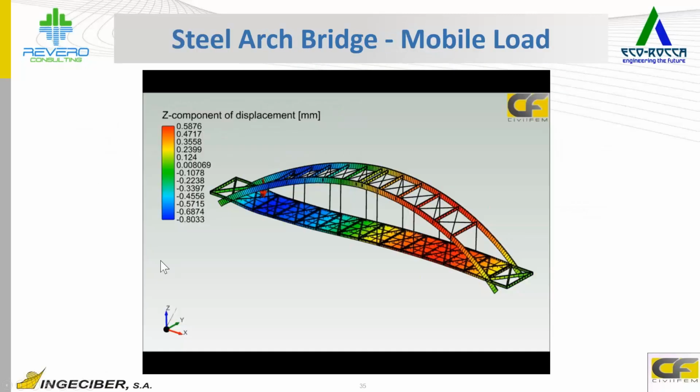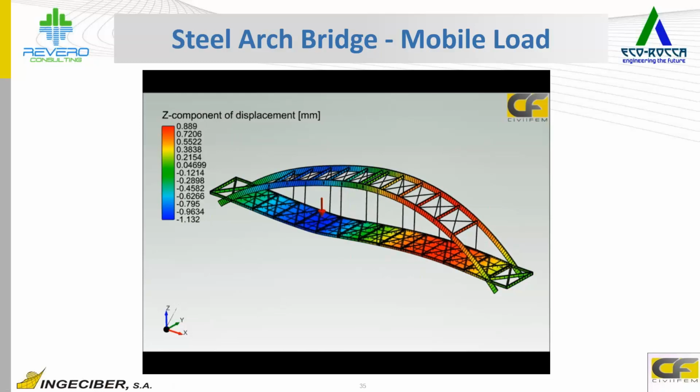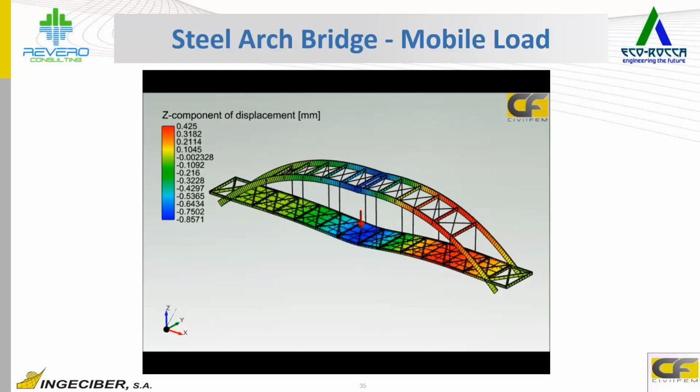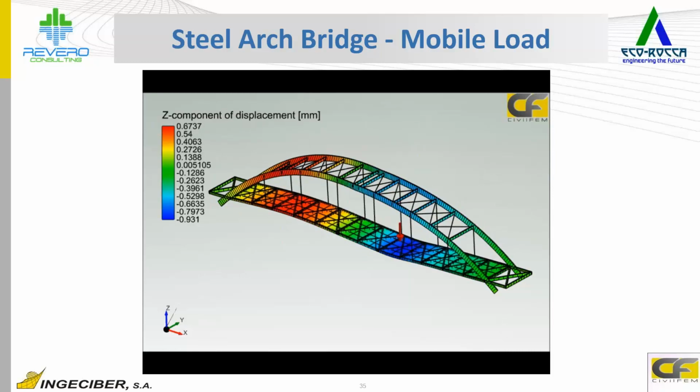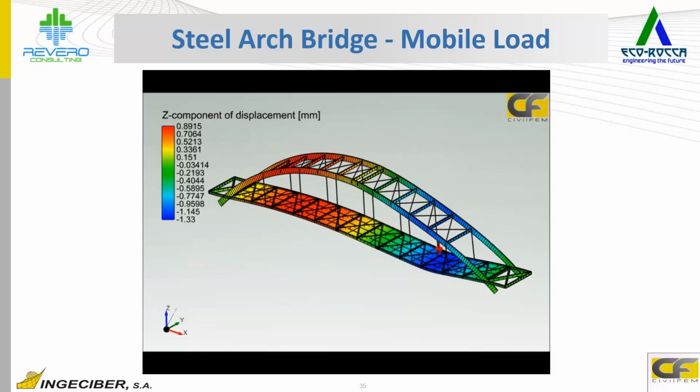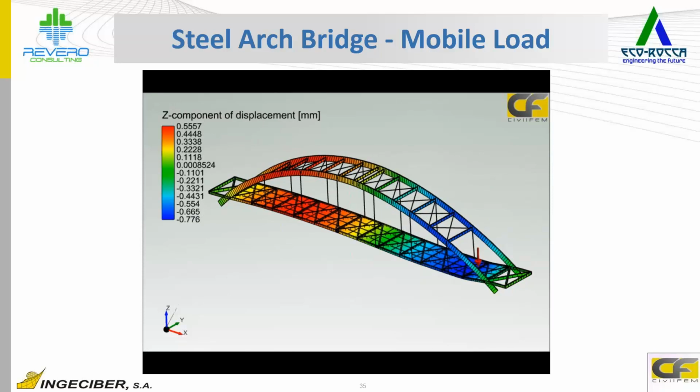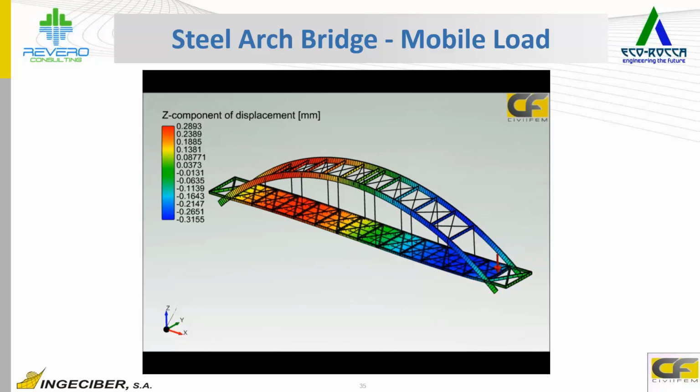A few examples of dynamic analysis. We have here a steel bridge, where we have a mobile load across the bridge, and we can monitor the vertical displacements in this case.